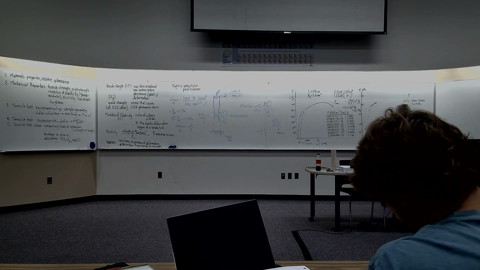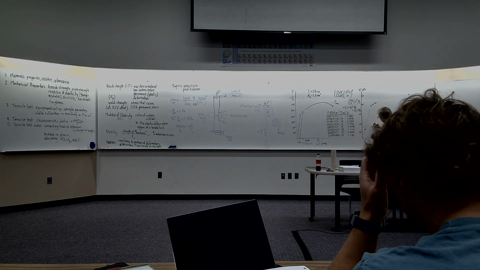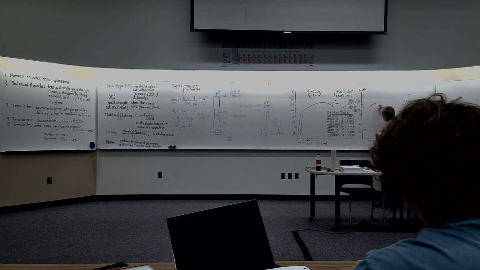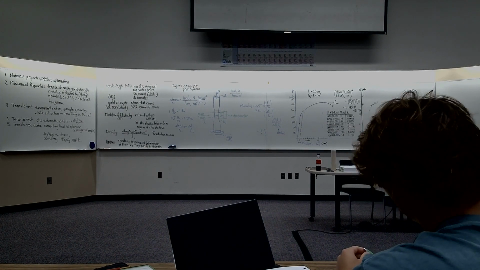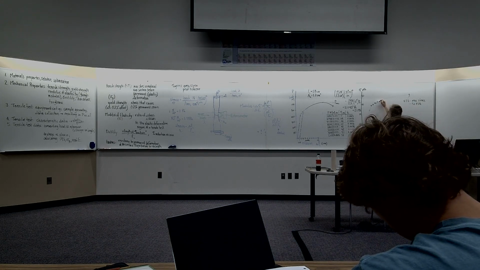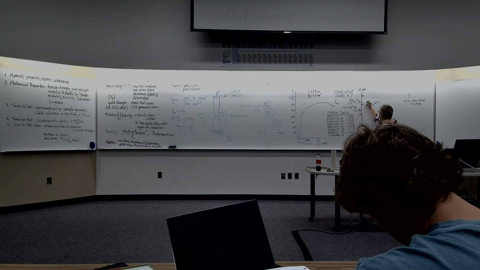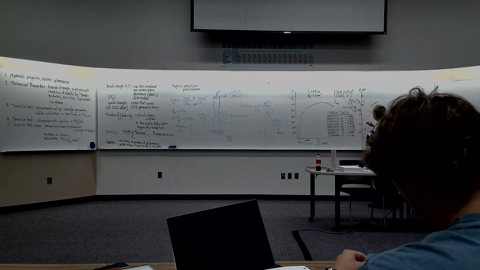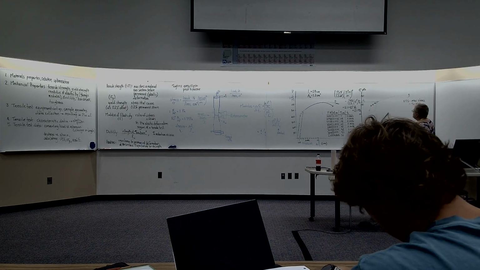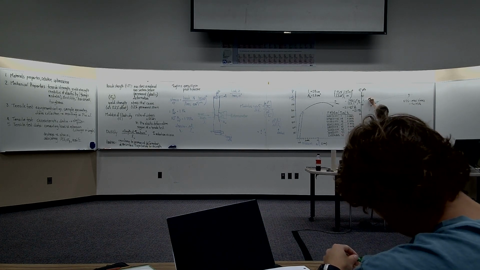You go to that point, and you draw a line parallel to the original curve. Until it crosses your data. And that stress level is your yield strength. So my yield strength is, I'm going to say about 43.